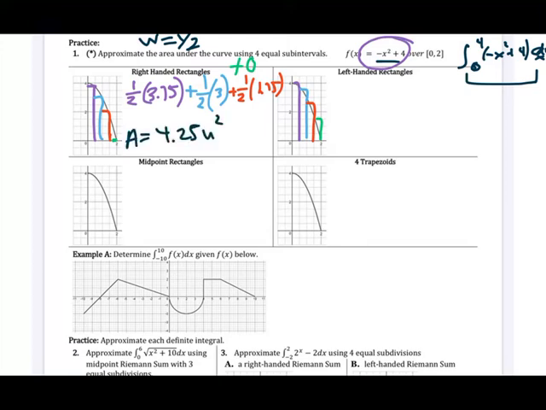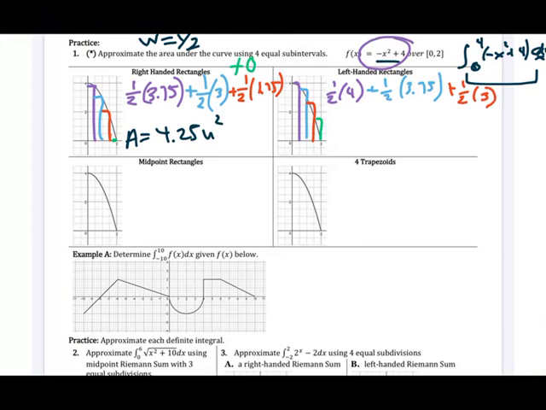Now, similarly for the left-handed rectangles, the height for the purple one is pretty easy to see. The width is 1/2, the height is 4. For the blue one, the width is 1/2. The height is the point that we found before, 3.75, again just plugging 1/2 into that function. The red rectangle is width 1/2, height what I get when I plug in 1, which is 3.